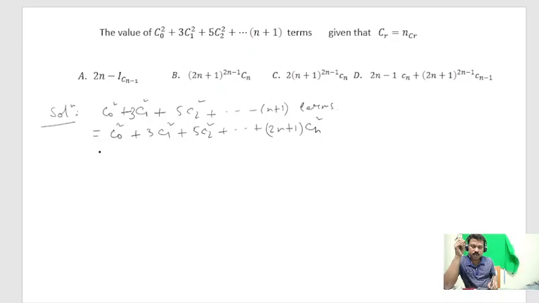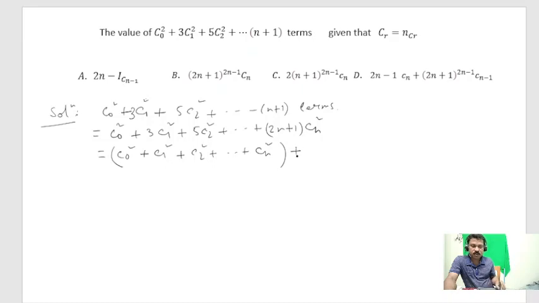We arrange this first as C0 square plus C1 square plus C2 square and so on to Cn square.